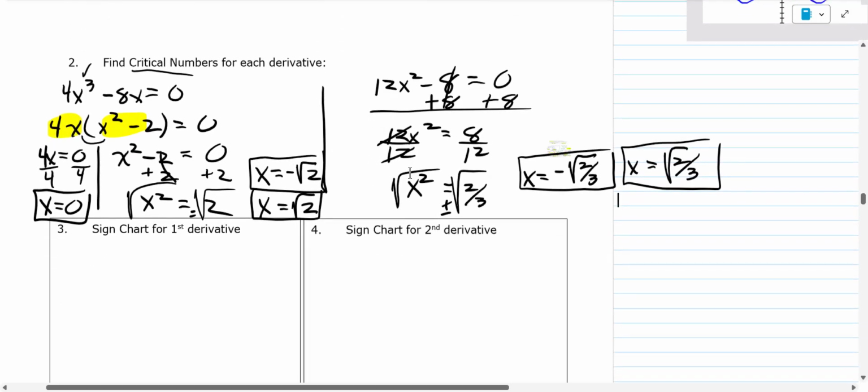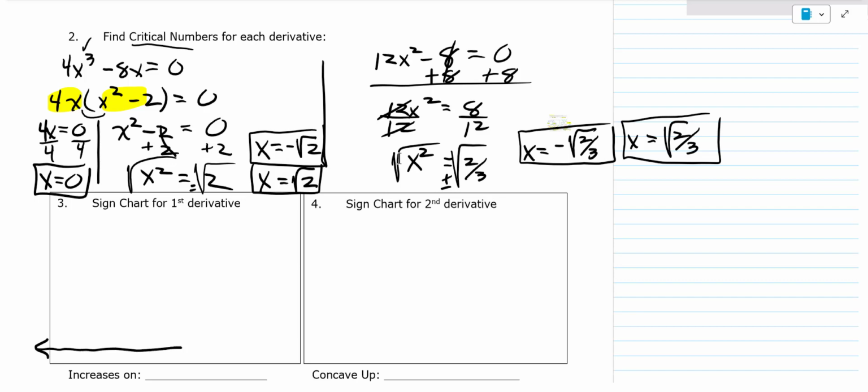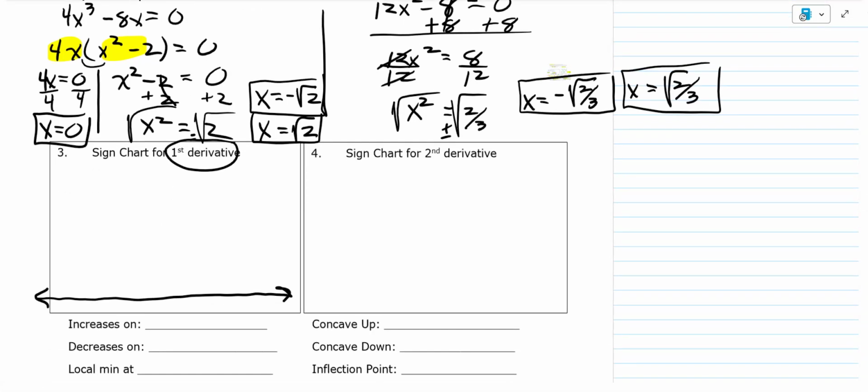Now, I'm going to have you all finish the problem. So let me just get you set up on this now. You're going to do your sign chart for the first derivative. That means your critical values. We got 3 critical values on this. We got x equals 0.